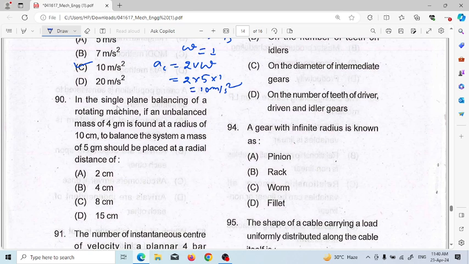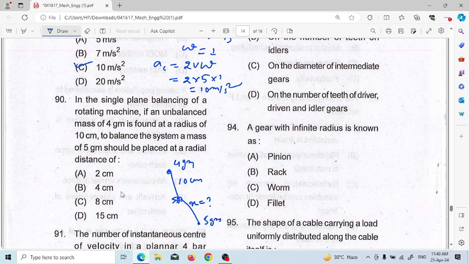Next, in a single plane balancing of a rotating machine, an unbalanced mass of 4 gram is found to be at radius 10 centimeter. This is the unbalanced mass 4 gram at radius 10 centimeter, and we have to balance it with another mass of 5 gram. What will be the radial distance?